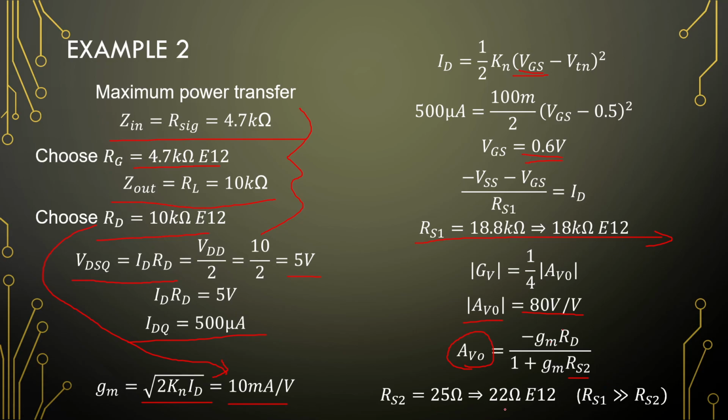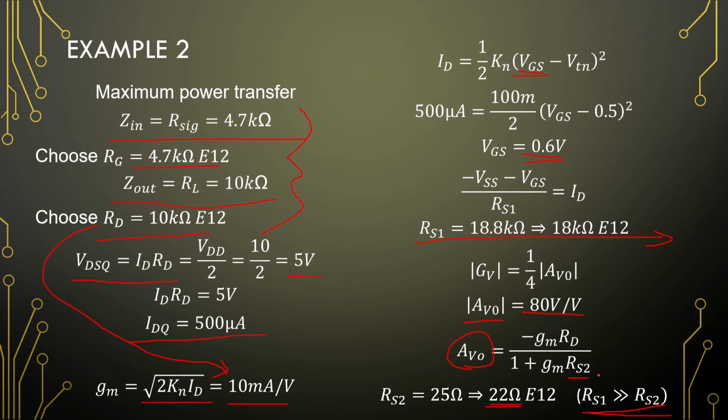Choose this a little bit lower, so the gain actually increases rather than decreases. Can go over 27 ohms as well. That will just have an impact on your gain, making it less. And with this being 22 ohms and RS1 being 18 kilo ohms, this assumption that we make is correct, that RS1 is much greater than RS2.